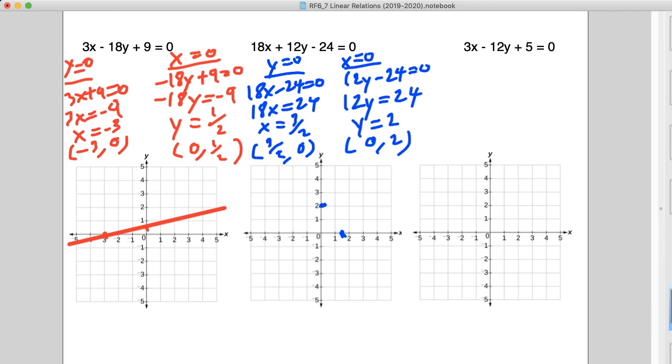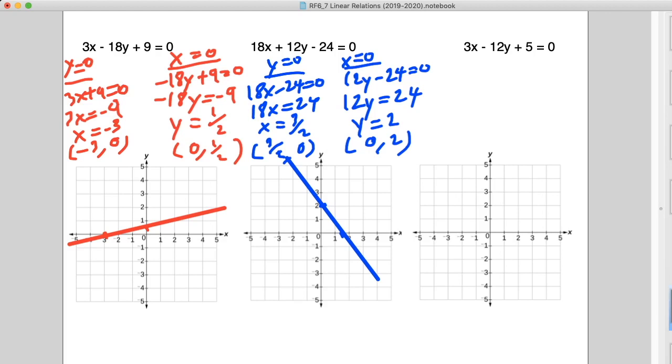I can go ahead and draw a straight line through those 2 points. And our graph looks something like this. So again, we're not super concerned about the slope here. That's not the point of this exercise. It's just for you guys to see that we can find the x and the y-intercepts using general form and still be able to plot a line that represents exactly what that equation is.